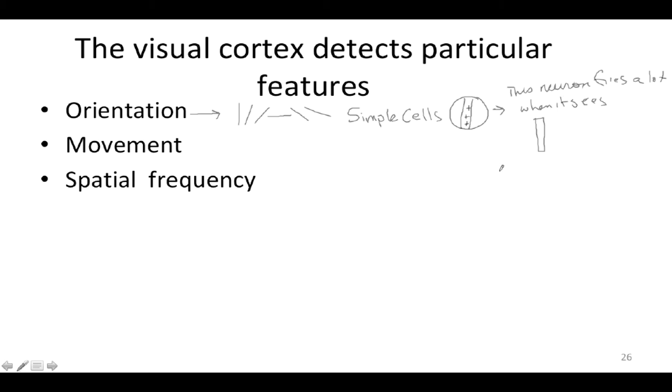If it sees this, the totally opposite, then this particular neuron will become inhibited. And the response will be kind of gradual in between. But basically, it's a neuron that selectively detects vertical lines. And there is a different neuron for each orientation.